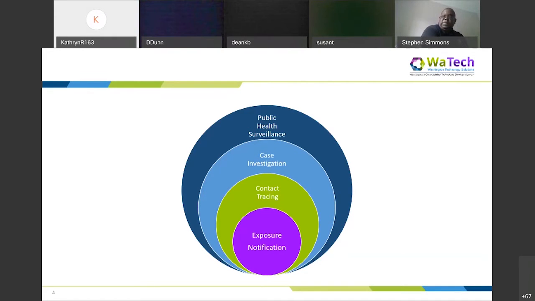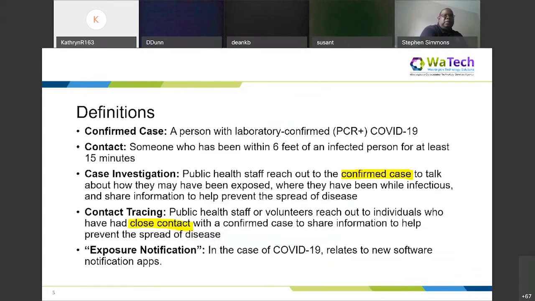Next slide. Some of the definitions that we'll be talking about today is that a confirmed case is somebody that's actually had a laboratory positive result, and a contact is someone that's been within 6 feet of someone that's infected for at least 15 minutes. I think some of the definition of contacts may differ throughout the country, but I've seen it as low as a 6-minute exposure, but in Washington right now we consider it to be 15 minutes.